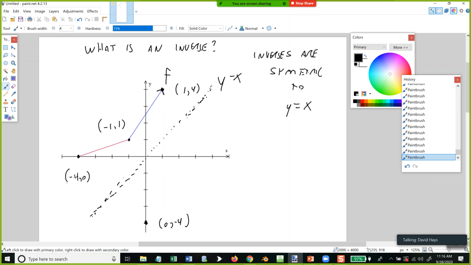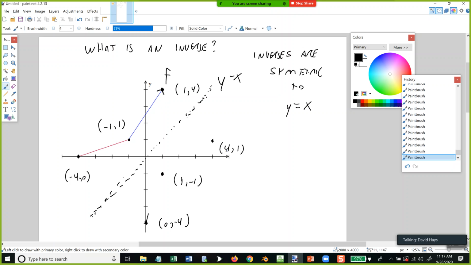My x and y flips on my point. This point here, -1, 1, I would have 1, -1. Again, the x and y part of your point flips. This point, which is 1, 4, I would have 4, 1. Same thing, the x and y of your point flips.